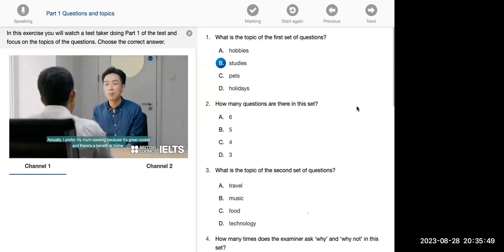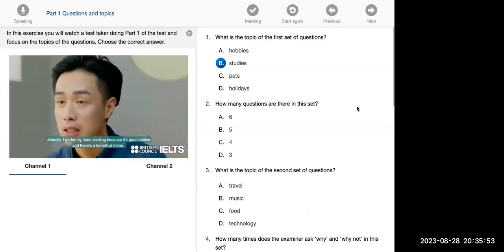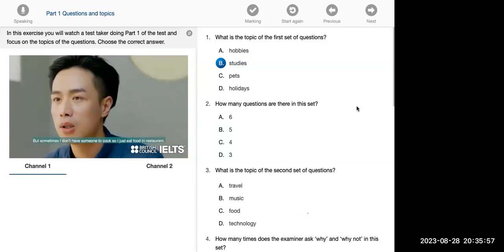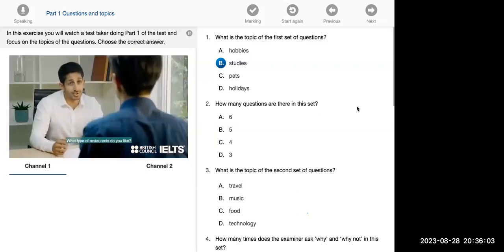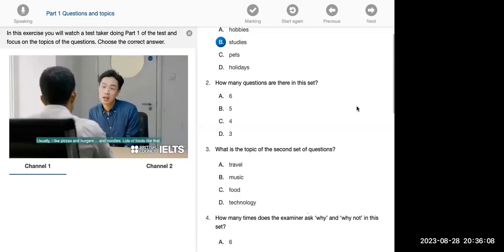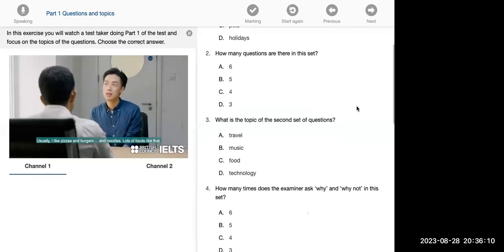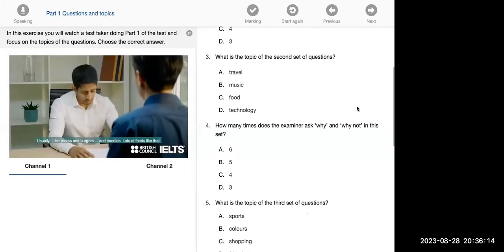Actually, I prefer my mom cooking because she's a great cook, and there's a benefit at home. But sometimes I don't have someone to cook, so I just eat food in a restaurant. What type of restaurants do you like? Usually I like pizzas, burgers, and noodles. Lots of food like that.